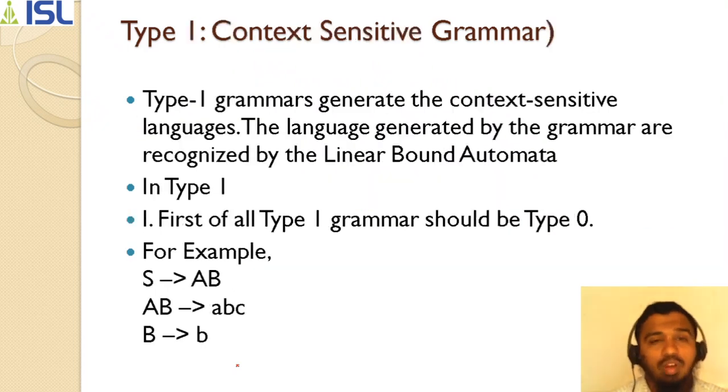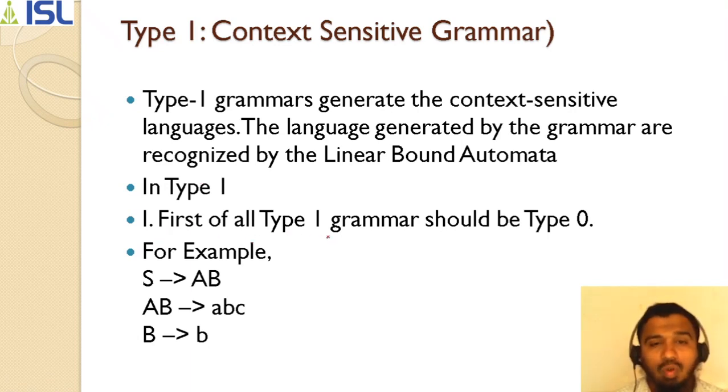So here, type 1, context sensitive grammar. This type 1 grammar generates the context sensitive language. The languages generated by the grammar are recognized by the linear bounded automata. What will happen in type 1?